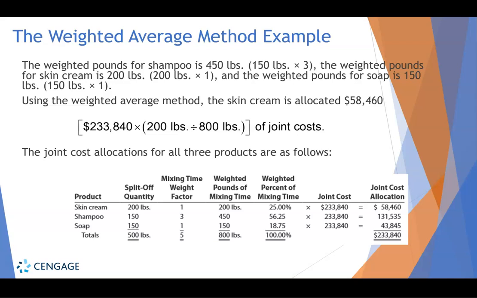For shampoo, since it's a 3 times factor, they're going to have 56.25% now of the weighted percent of the mixing time, and the soap will be 18.75. So taking this weighted average is the method of how we went through this process here.